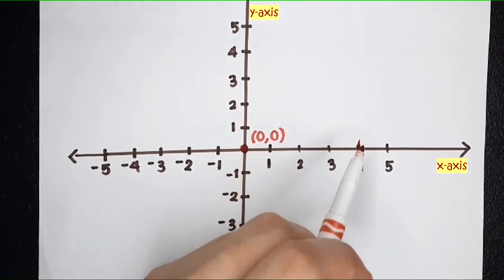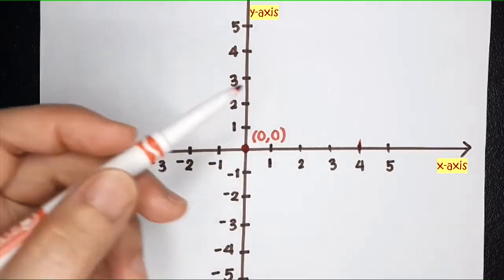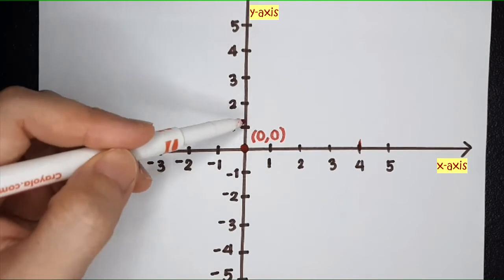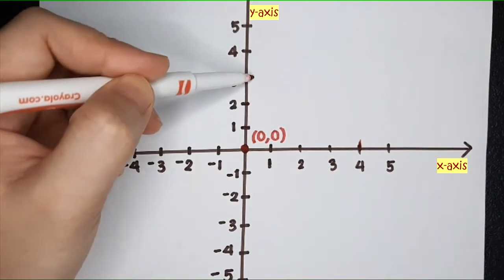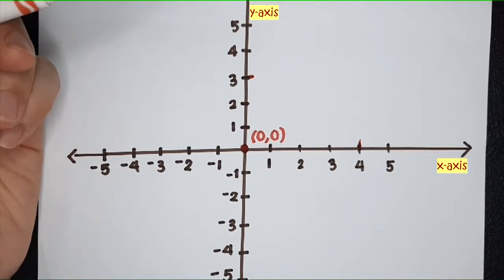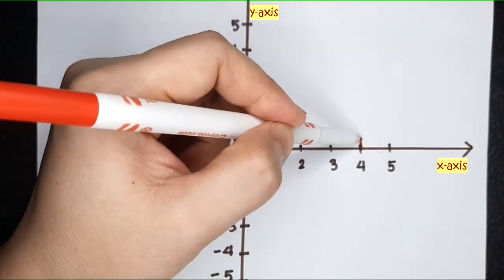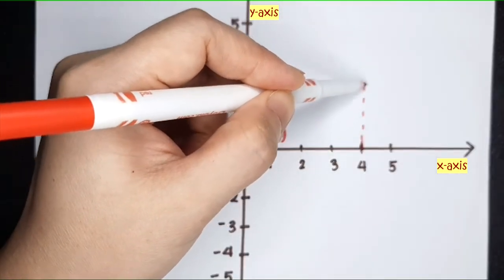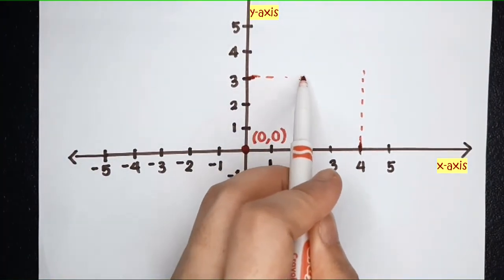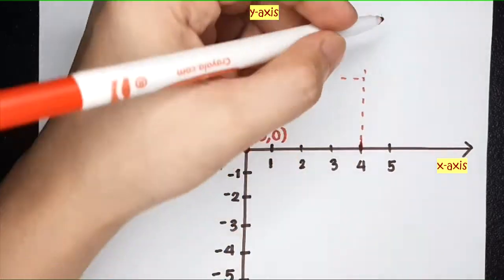And then, sabi 4, 3. Ang kapartner niyang y is 3. So, count kayo ng 3, positive 3 sa y-axis. So, 1, 2, 3. Here. So, where is the point for 4, 3? Ito yon. Here.